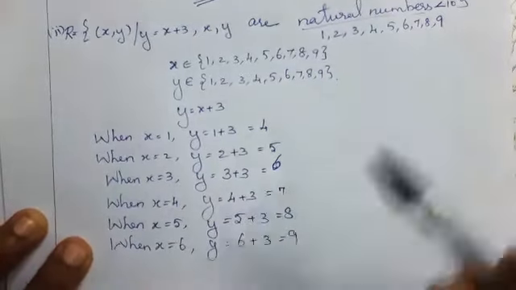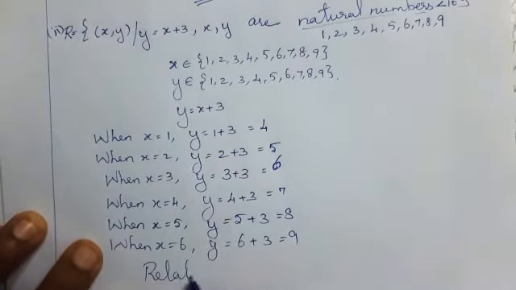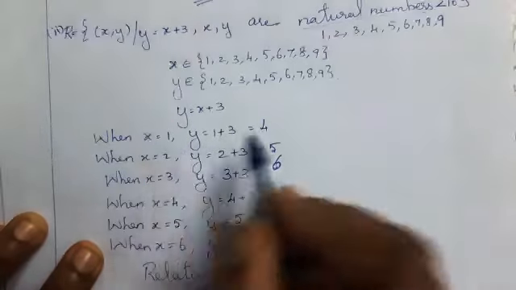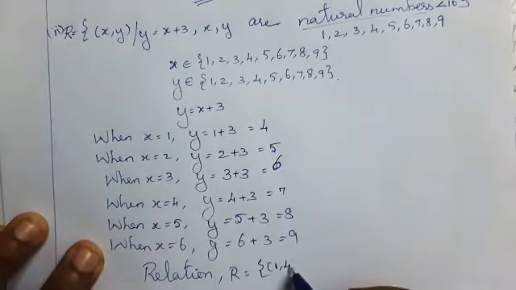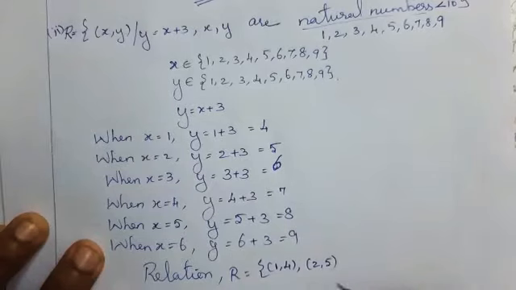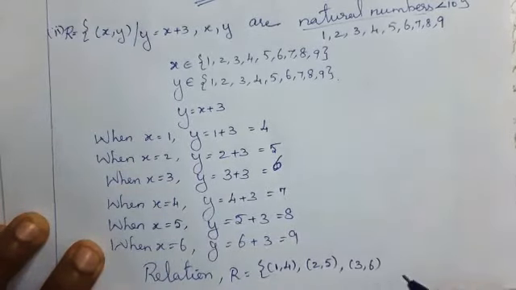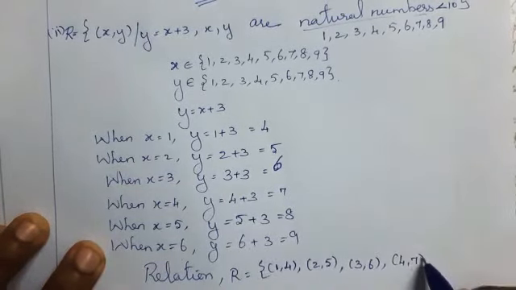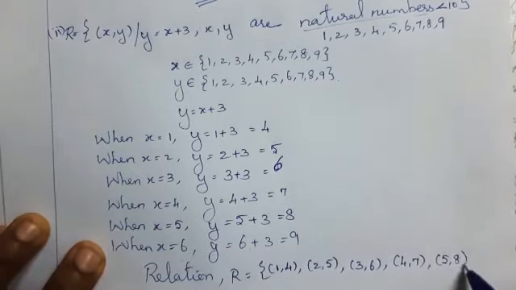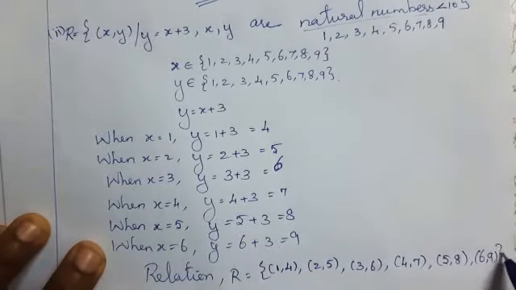Therefore, your relation capital R is equal to 1, 4, 2, 5, 3, 6, 4, 7, 5, 8 and 6, 9.